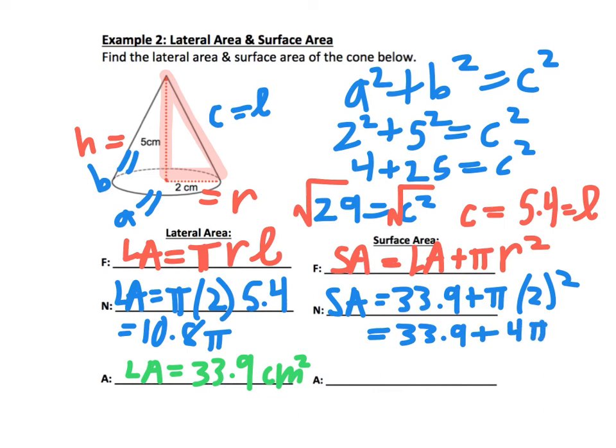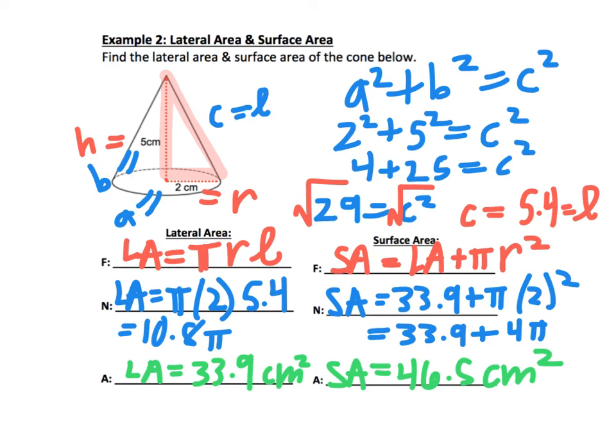If I multiply 4 times pi, I get 12.6. And if I add that to 33.9, I get 46.5. So my final answer would be surface area equals 46.5 centimeters squared. And that is lateral area and surface area.